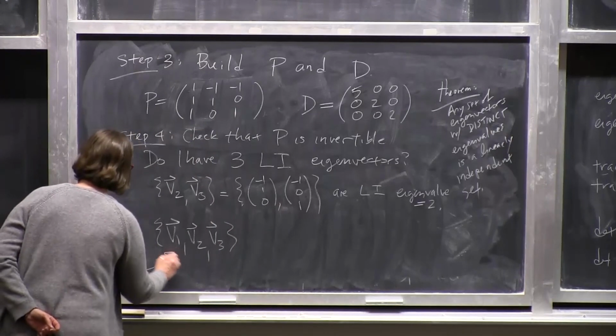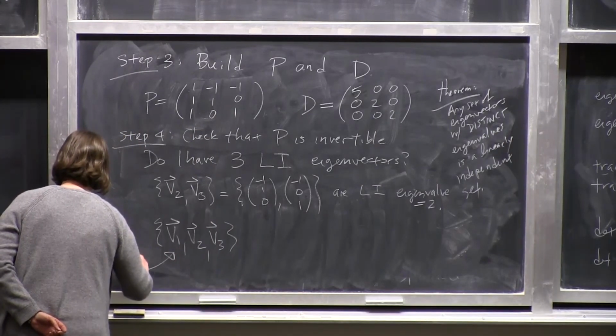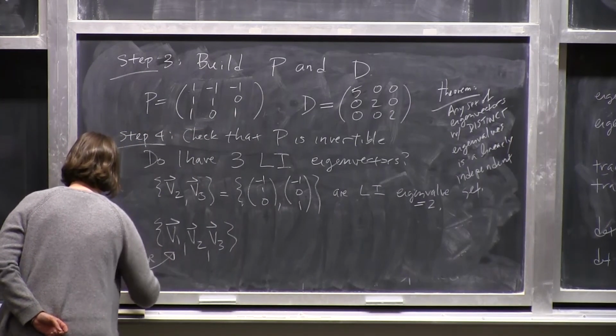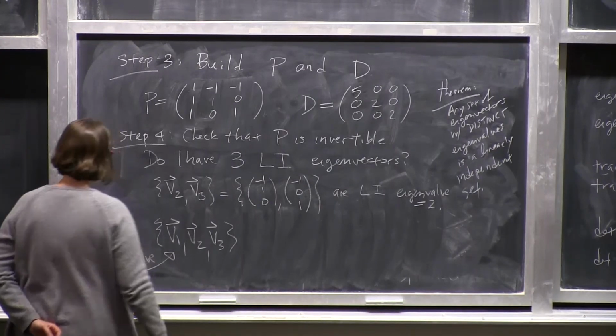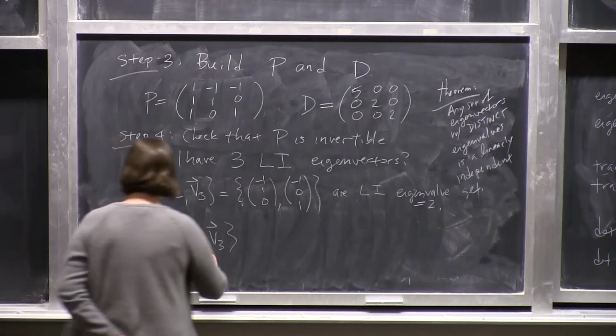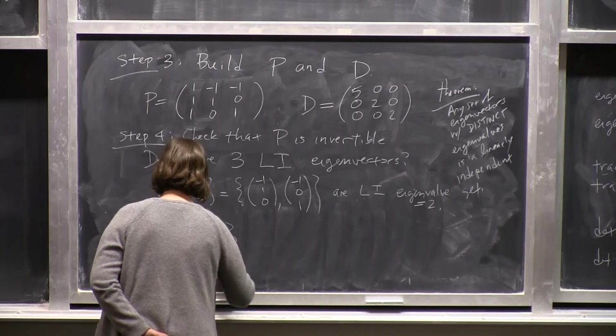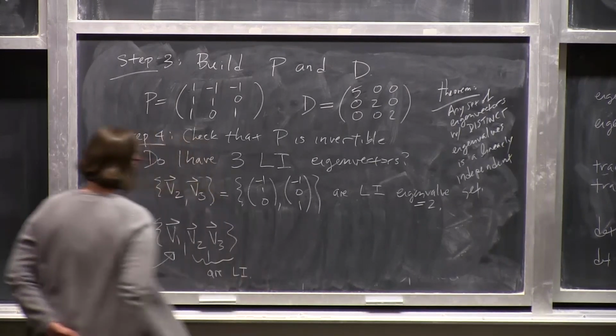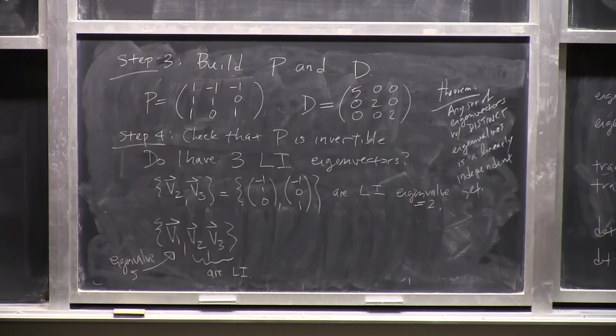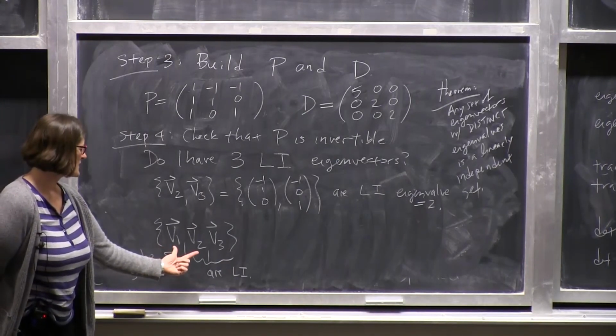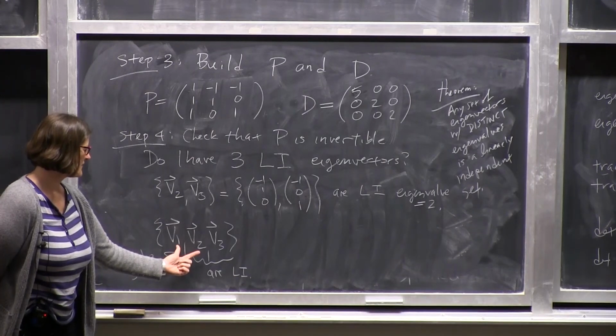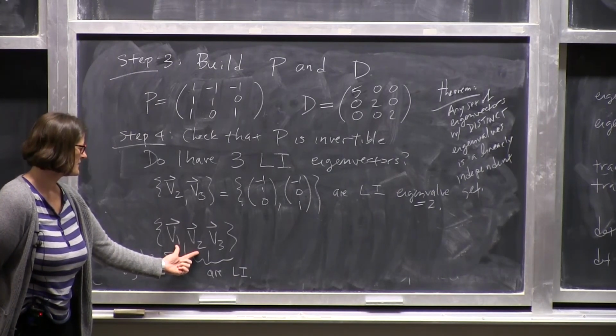So this has eigenvalue 5. These are linearly independent. Is there some reason why I know that v1 is independent of v2?